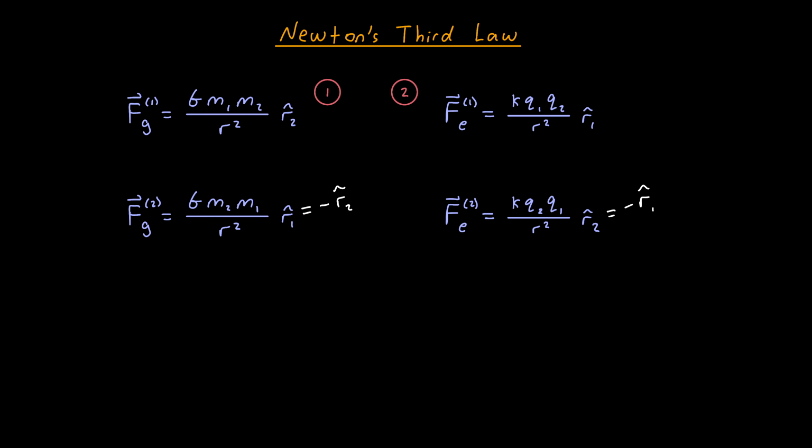And by recognizing that fact, we can actually rewrite the forces felt by the second particle as minus G m2 m1 over r squared r2 hat, and the electrostatic force will be minus k q2 q1 over r squared r1 hat.